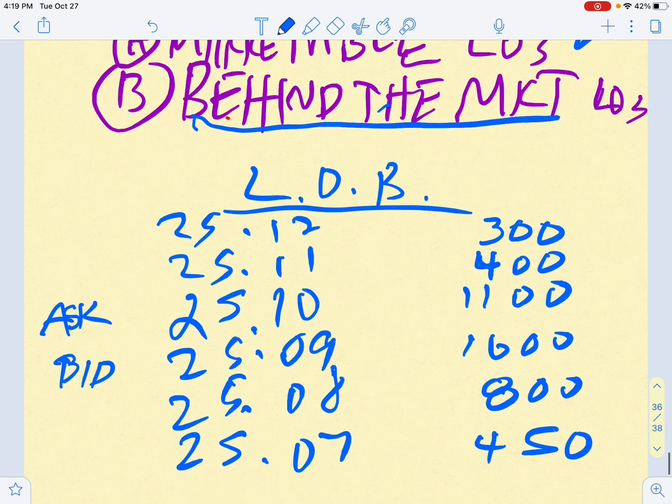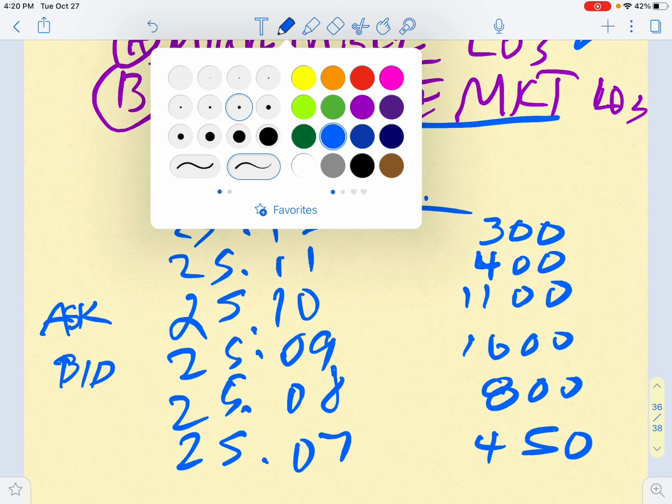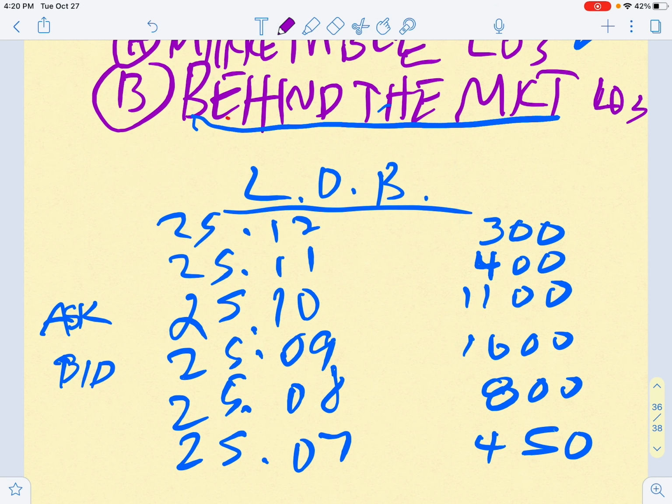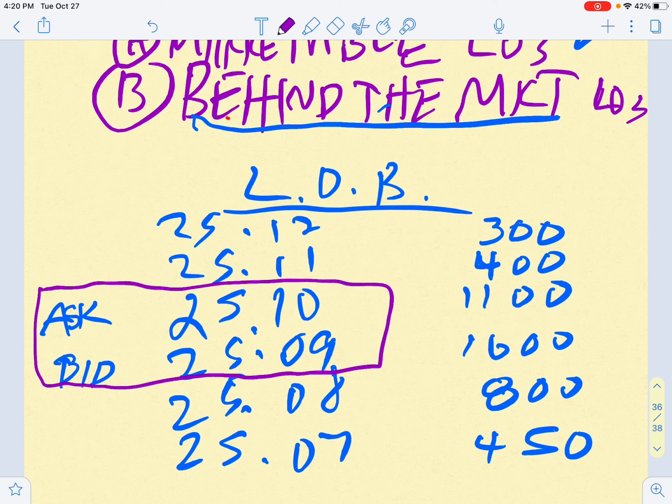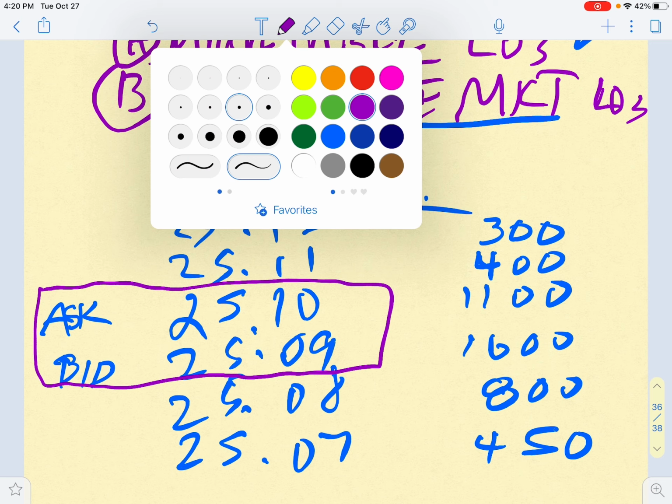With this example, we'll start with a new limit order book. Here you see the prices, 25.12 down to 25.07, and I've written in ask and bid, and that therefore implies that these are our quotes.